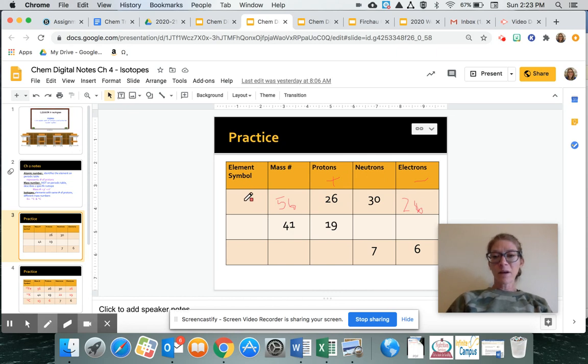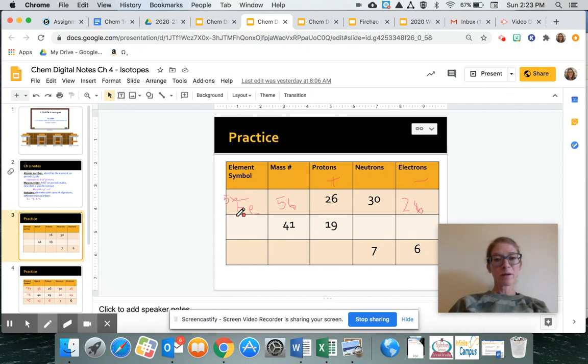The element symbol, I would have to look on the periodic table. The element symbol is identified by the number of protons. So if I look on the periodic table, element number 26 is iron, which is Fe. And then in the symbol, in the upper left-hand corner, I'm going to include the mass number. So this will get really hard because the numbers are a little smaller.